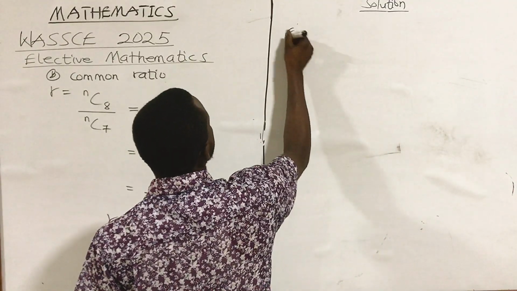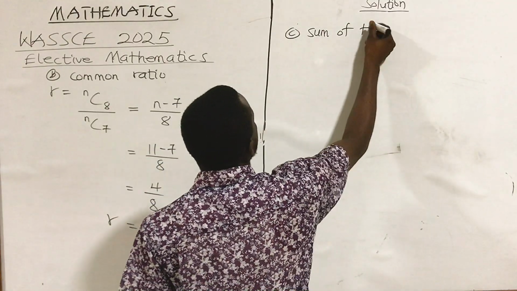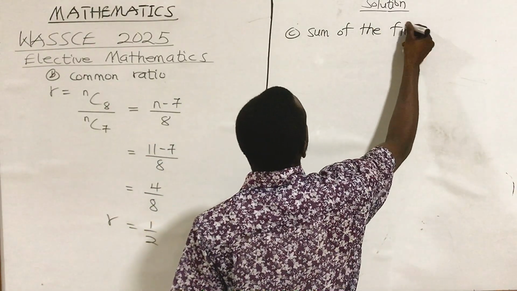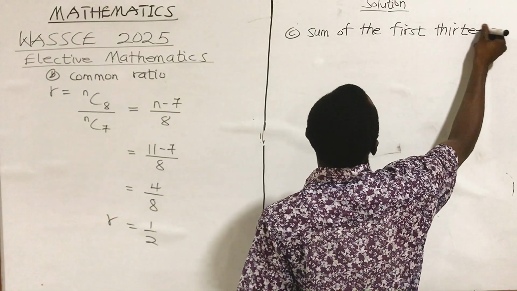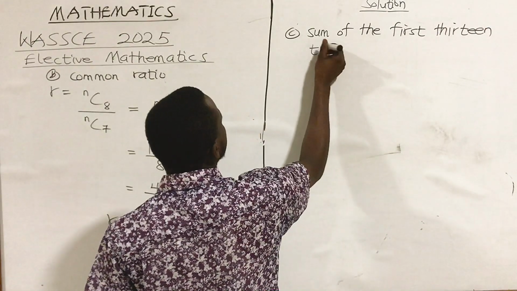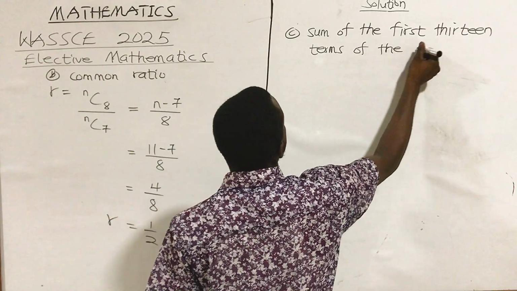So we have C: the sum of the first 13 terms of the sequence.